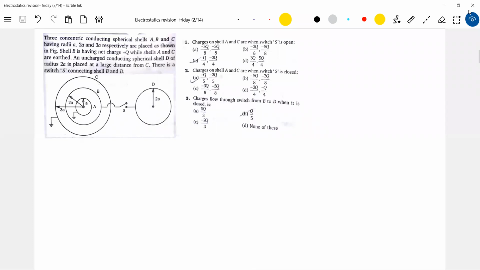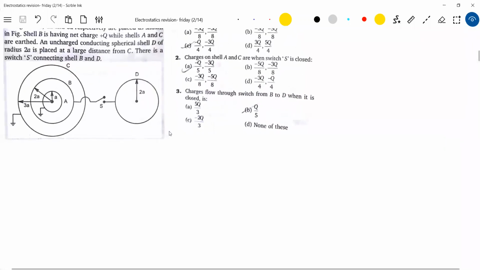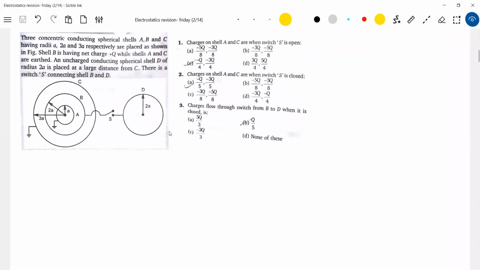Before closing the switch, you try to see this question: 3 concentric conducting shells A, B, C. The radii, everything is given. Yeah, let's proceed now.